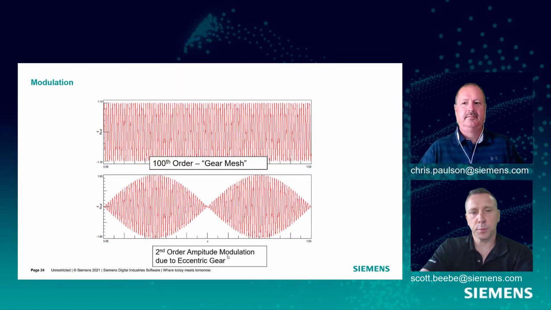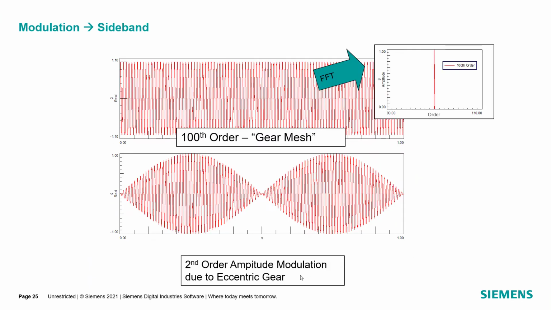And just like Chris explained, if I've got this oblong gear, I've got a different loading that's happening twice per revolution. It's a second order amplitude modulation, due to that oblong or eccentric gear. And if I perform an FFT on the perfect gear mesh, I'd have a solid line at that 100th order with a given amplitude, kind of unwavering.